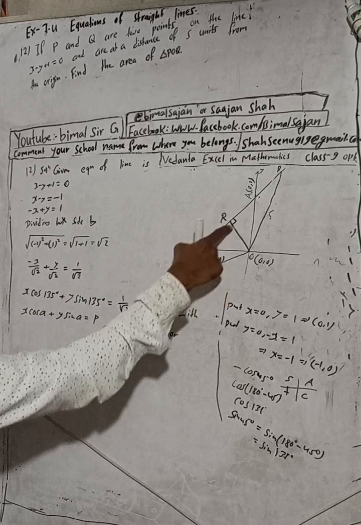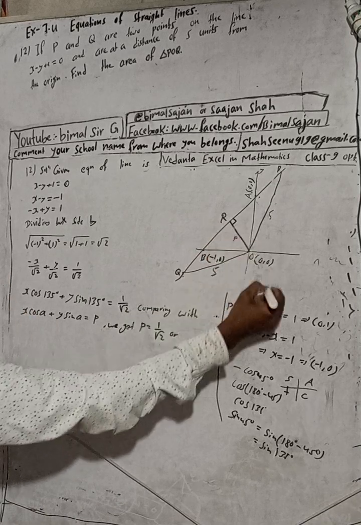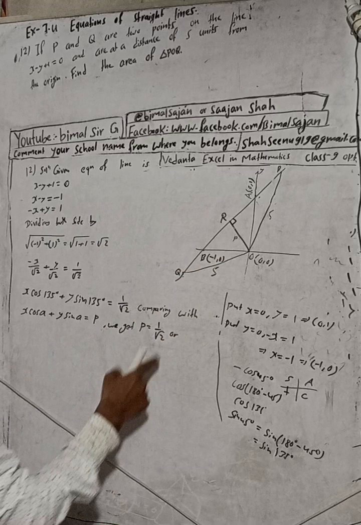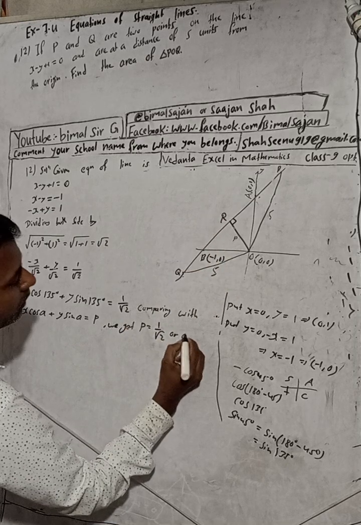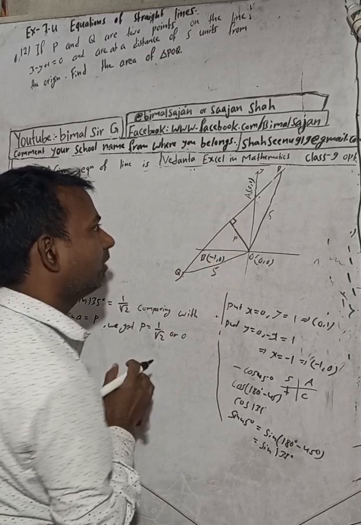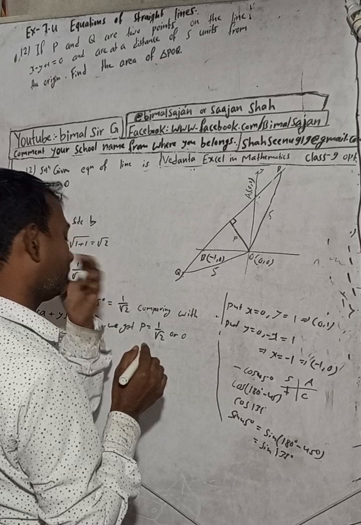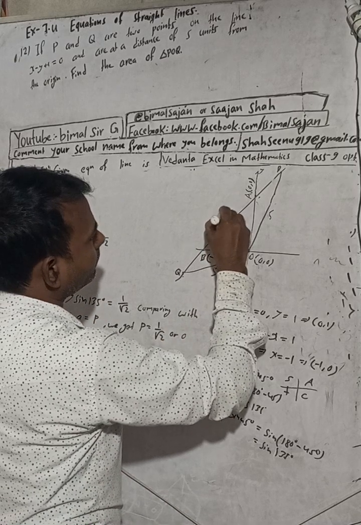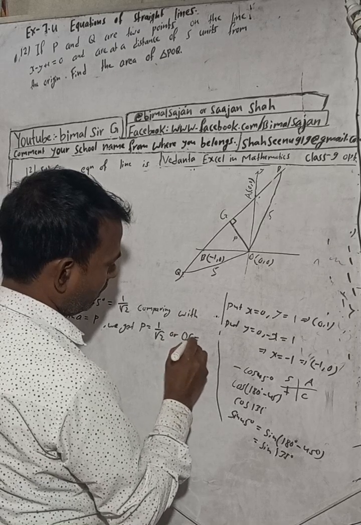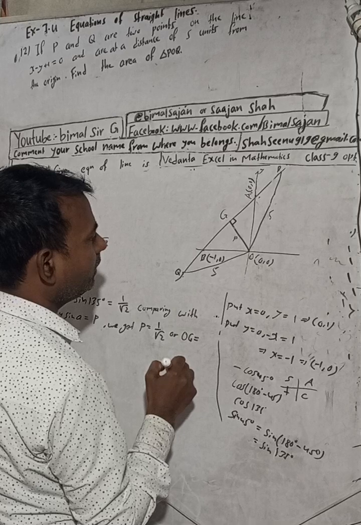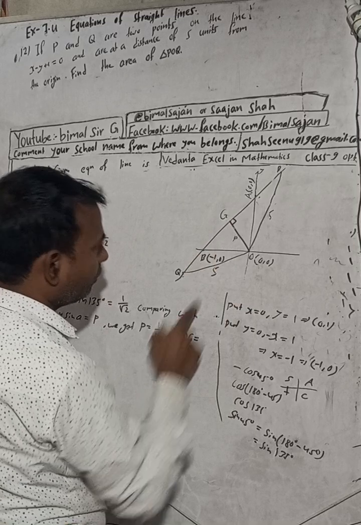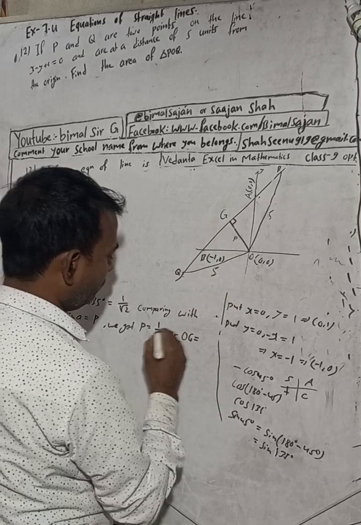This P is the perpendicular distance from the origin to this line. I had given the same name twice, so I will rename it G. So this is OG, and OG is equal to P only, that means 1 by root 2.